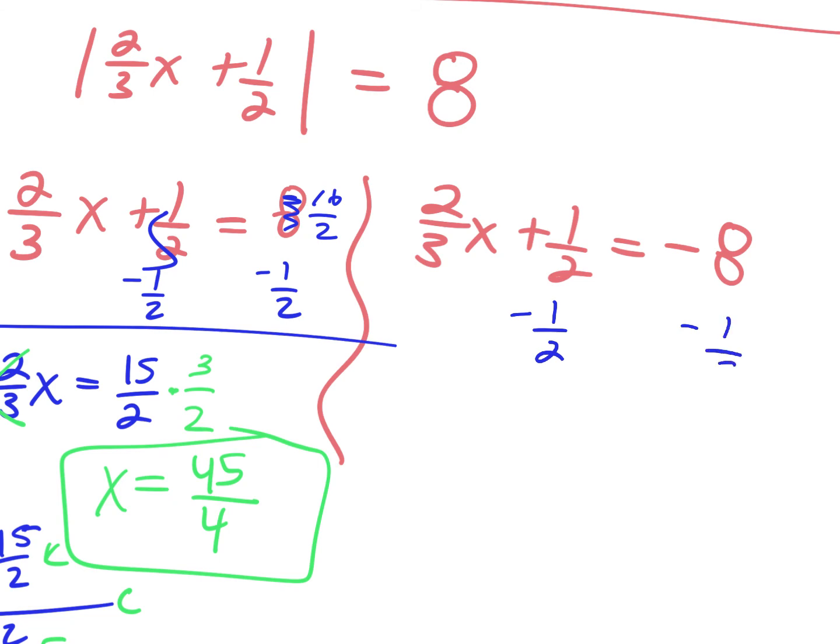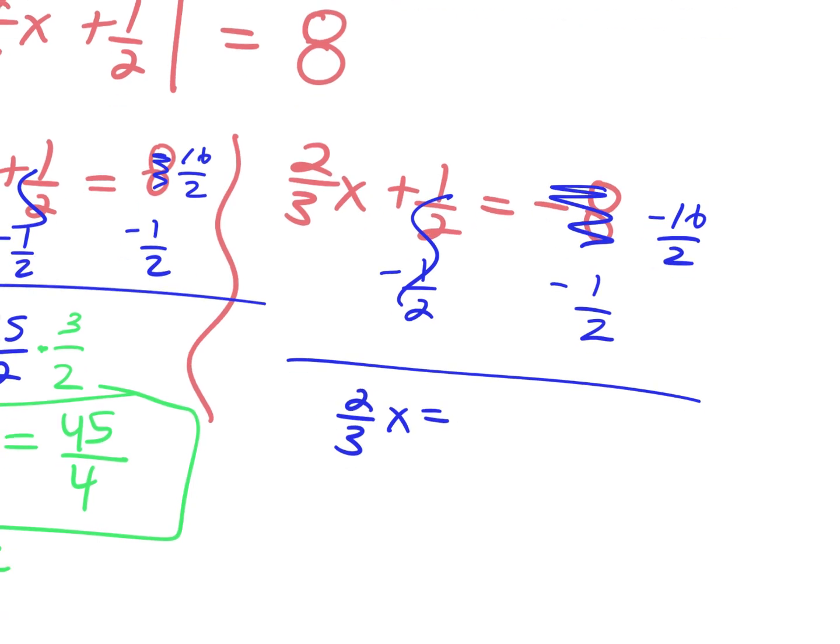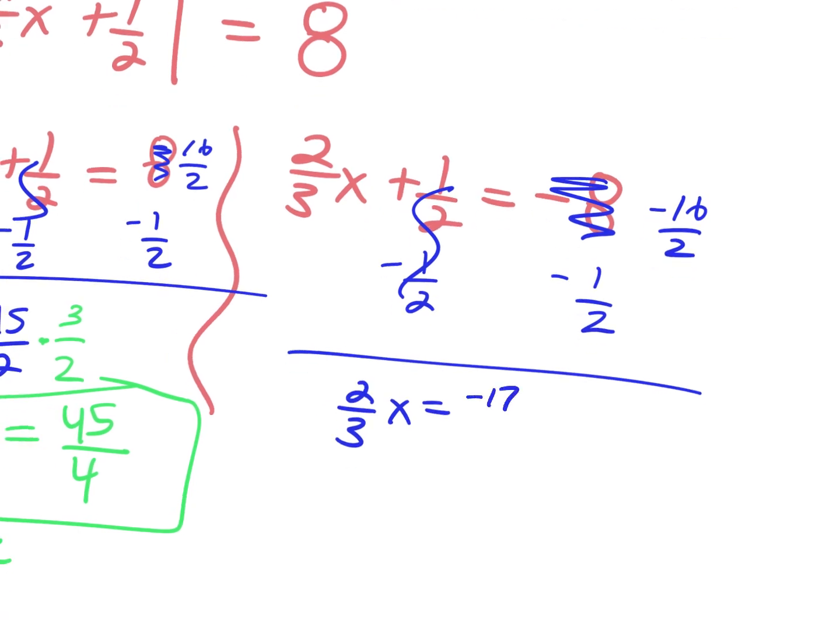Again, if I subtract 1/2, how do I change 8, the whole number -8, to something over 2? -16 over 2. Perfect. So if I have -16 minus 1, that gives me -17 over 2. And then how do I get x all by itself? You divide by 2/3, which is really, in a sense, multiplying by the reciprocal, times 3 over 2.